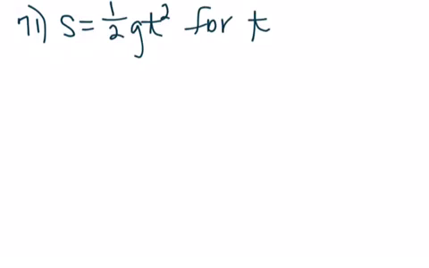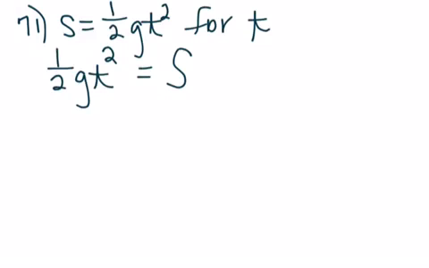So the first thing I'm going to do is put the t on the left, because it's always easier for me to solve when the letter I'm looking for is on the left. To undo the 1/2, I need to multiply by 2, because that's the reciprocal.